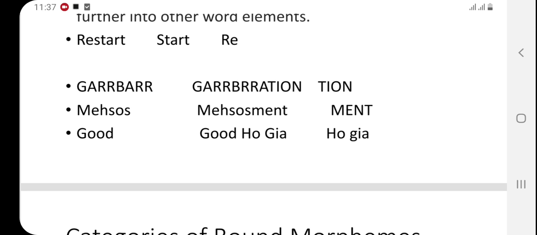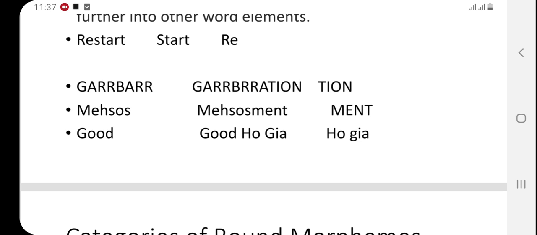So one thing we must keep in our mind, that when we talk about morphemes, we talk about bound morphemes and free morphemes. It means we attach these free and bound morphemes within the same language. If I am talking about Urdu language, then I have to take free and bound morphemes from Urdu language. If I am talking about Arabic language, I have to take these morphemes from Arabic language. So I cannot mix up 2, 3, 4, 5 languages to make an amalgam which is neither understandable by the native speaker nor by the others.